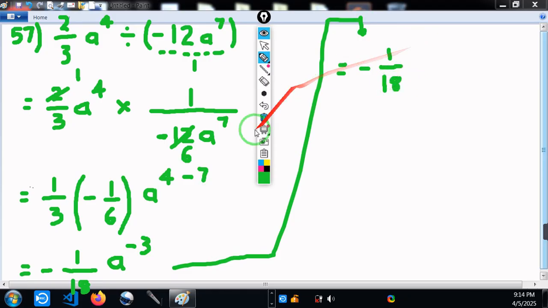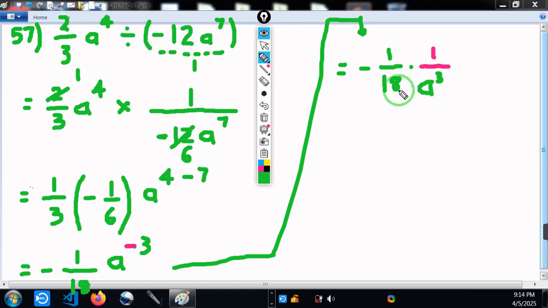That a has a negative, which indicates that it must be 1 over. By now we should be very familiar with that already. And then downstairs is the a to the power 3.